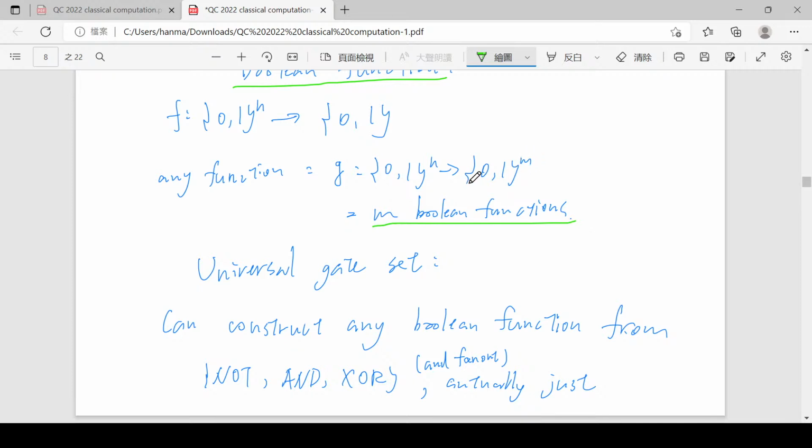So you can think of this as m different Boolean functions that tell you the first bit of the output of G, the second bit of the output of G, etc.